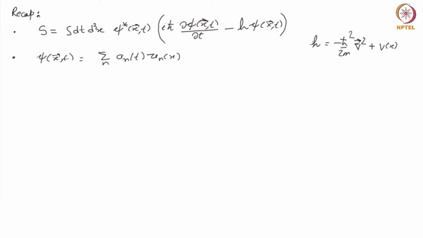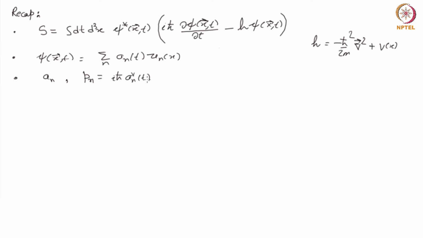Then we treated a n as the dynamical variable and imposed the quantization condition by first calculating p n's. So you have a n and then you calculate the corresponding conjugate momentum p n. Remember that p n are conjugate momenta, they are not physical momentum of anything in this theory. These are canonical variables, a n and p n, and this turned out to be i h bar a n star t.